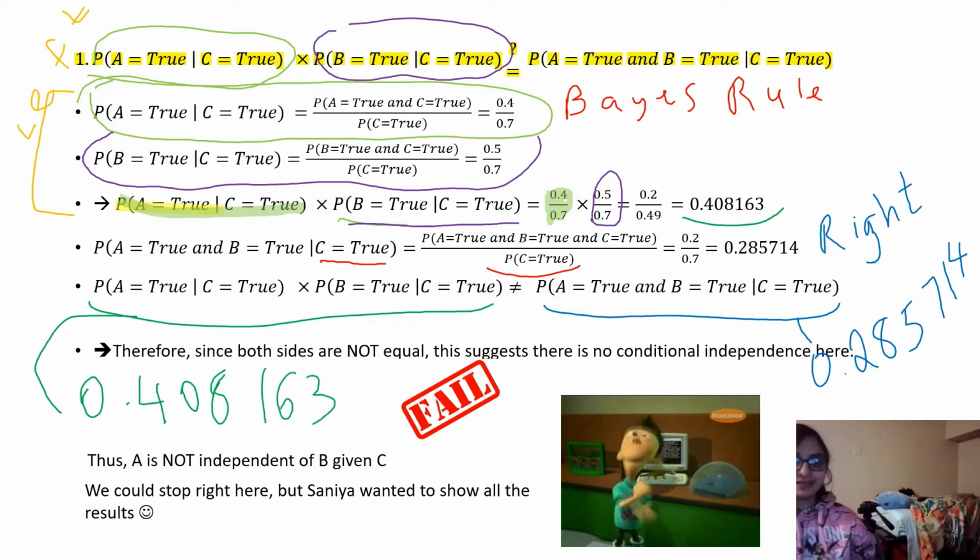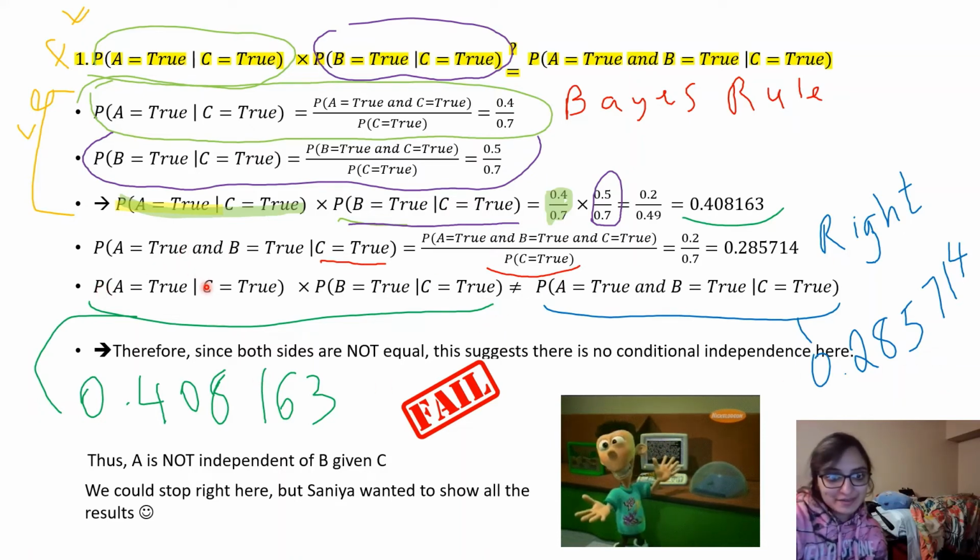So we definitely know that these are not equal to each other. Since the probability A is true given C is true multiplied by the probability B is true given that C is true is not equal to the probability A is true and B is true given that C is true, this shows that there is no independence here, that A and B are not independent given C.